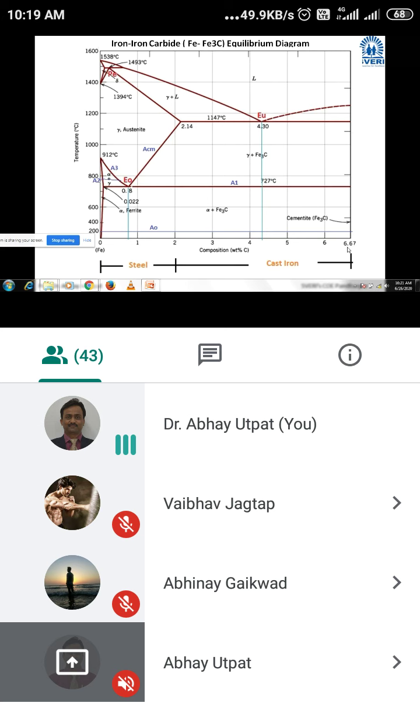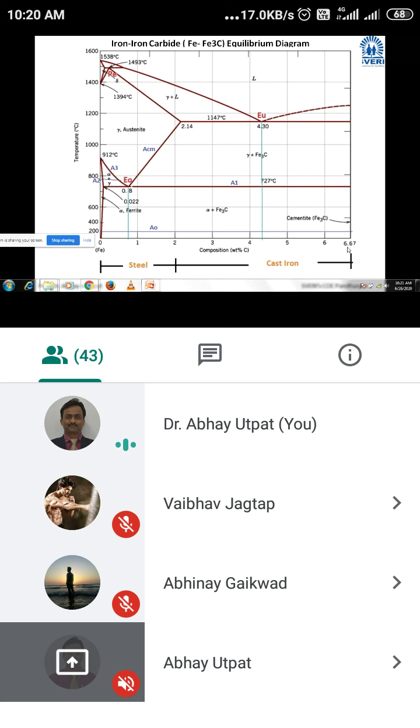So friends, let me explain the parts of the diagram, and there are three parameters which we are going to study. First one, phases on the diagram. Second, temperatures on the diagram. And third, reactions on the diagram. I repeat, first, phases on the diagram.